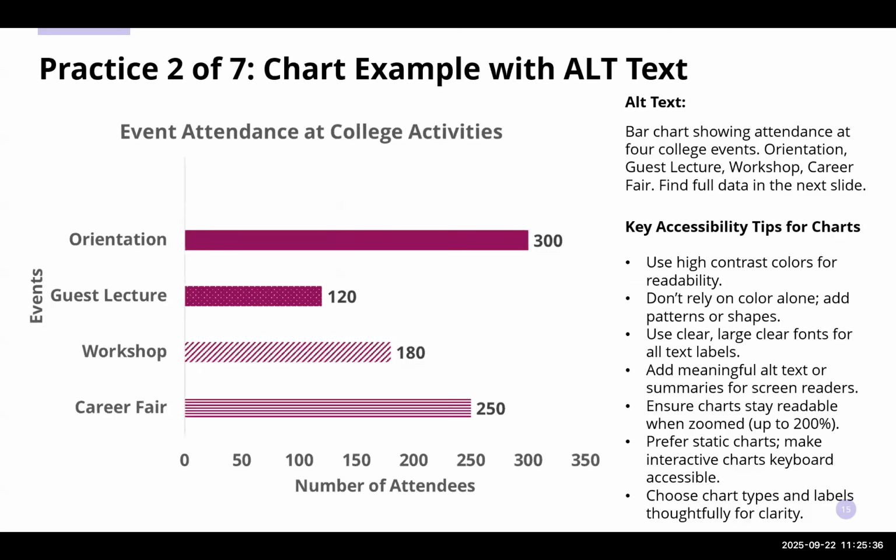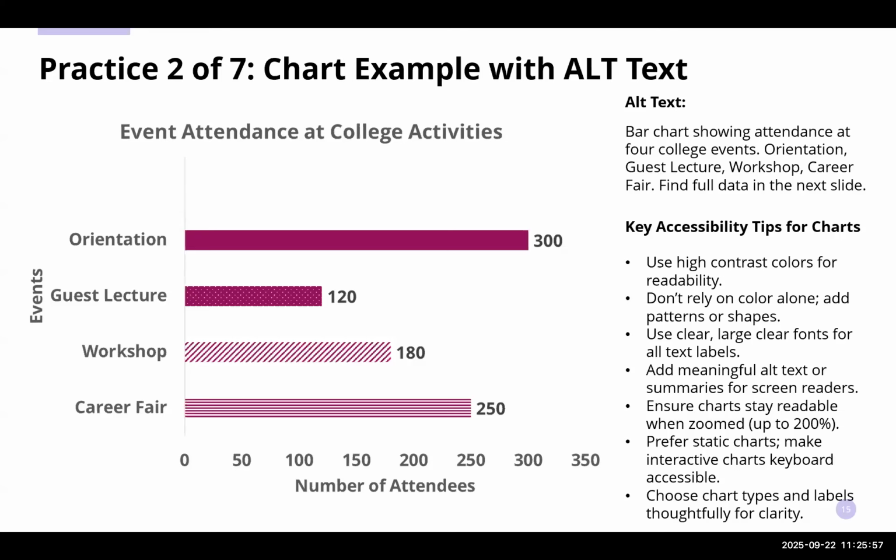So here it is. Bar chart showing attendance at 4 college events: orientation, guest lecture, workshop, career fair. Find full data in the next slide. This alt text works well because it quickly explains what the image is.